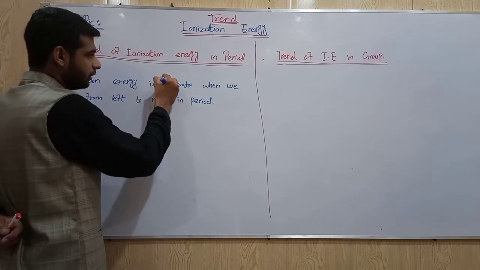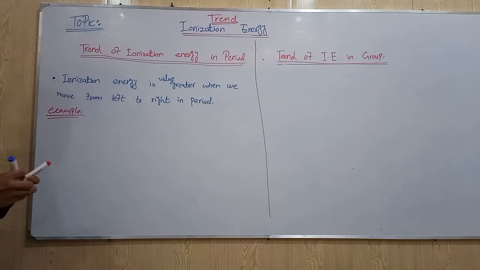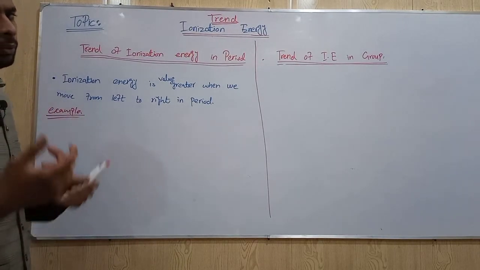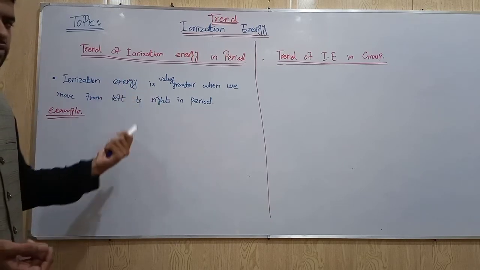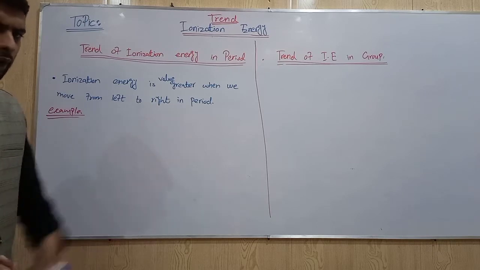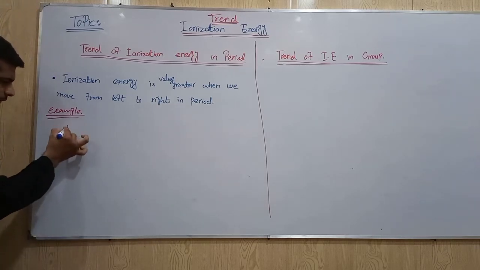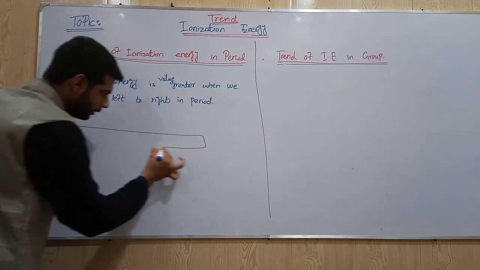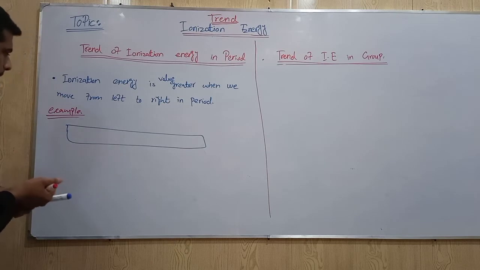Now we will discuss the reason why the value of ionization energy is greater when we move from left to right in period. Firstly, I will write the elements of periods.